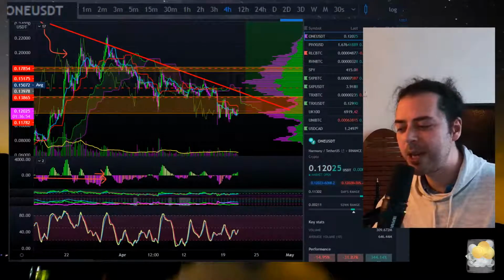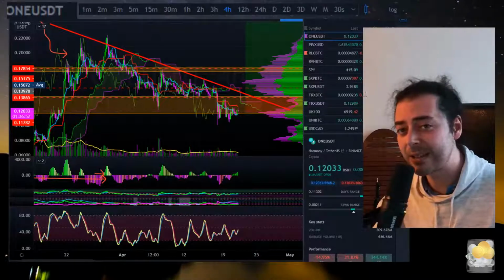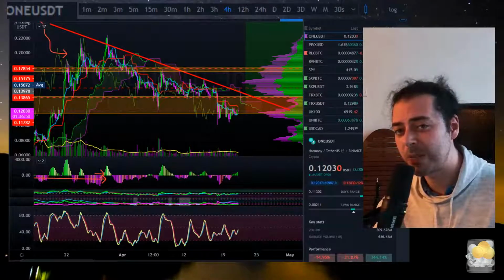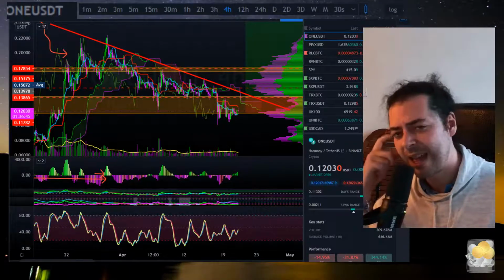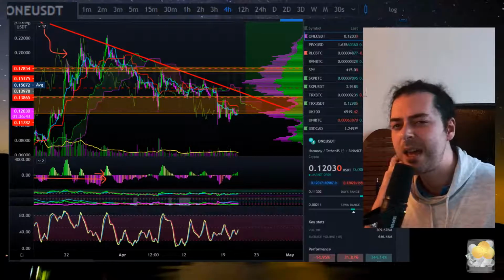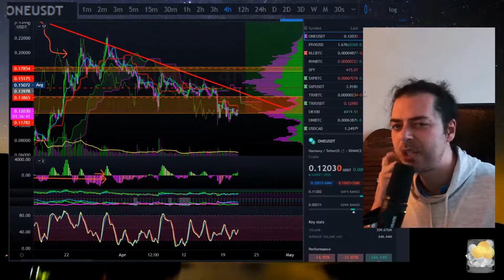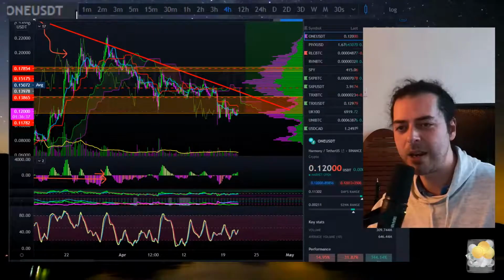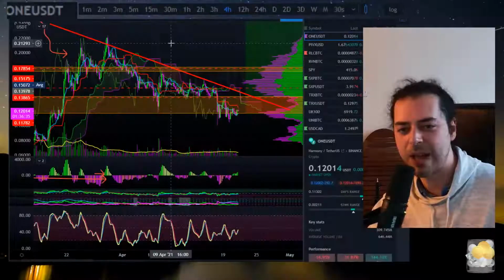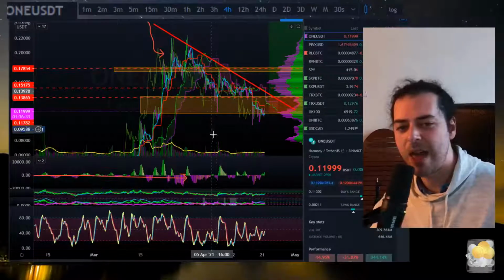And then we took a look at the IOTA TA as well, came up with a couple of targets, maybe some risk management zones worth paying attention to. Then we took a look at AVAX, was it perhaps? And then we took a look at OGN. I might have missed one in there as well, and now we're looking at Harmony One. And if you want to ask for your own coin to be looked at, then go ahead and do so.